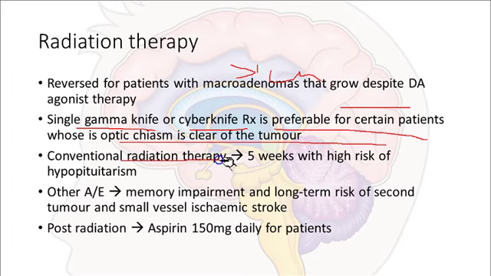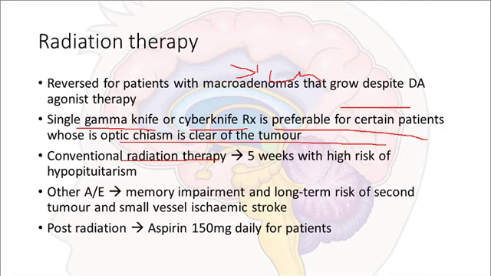With conventional radiation therapy, what you'll tend to have is a treatment over a 5-week period, and this carries a high risk of eventual hypopituitarism, right?